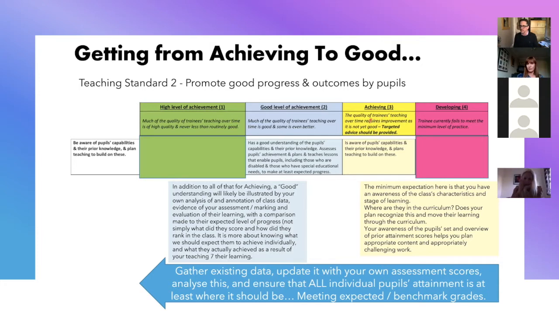And remember, all of the standards and substandards have to be at achieving as a minimum by the end of your time with us and your time with your placement school. So as it says here, the minimum expectation is that you'll have an awareness of the class's characteristics and their stage of learning.